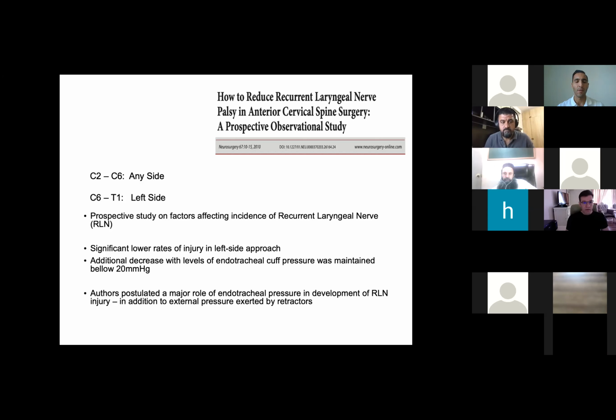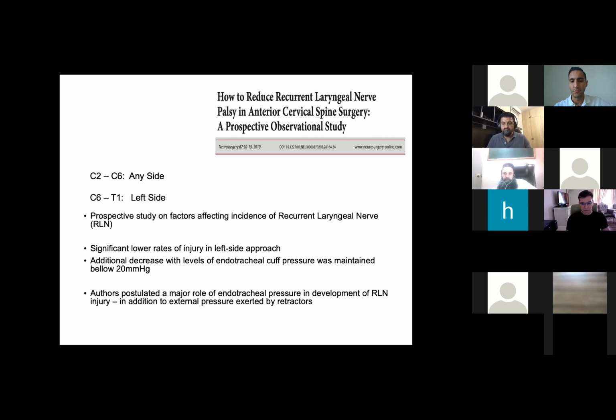But in the same way, I want to mention that injury to the recurrent laryngeal nerve is not only approach related, it's also related to the excessive retraction done by the retractors, and also to the endotracheal cuff pressures.